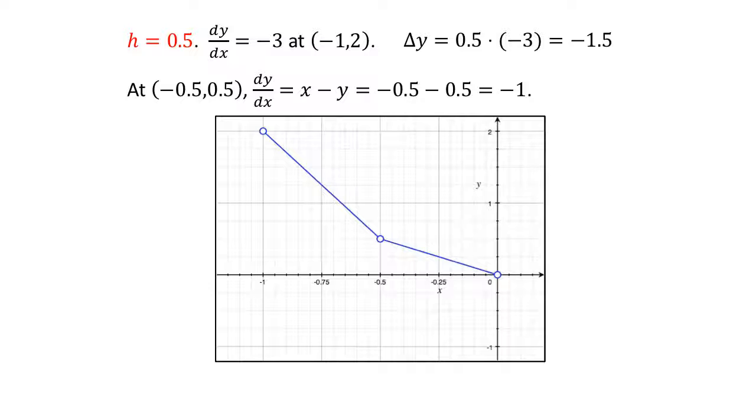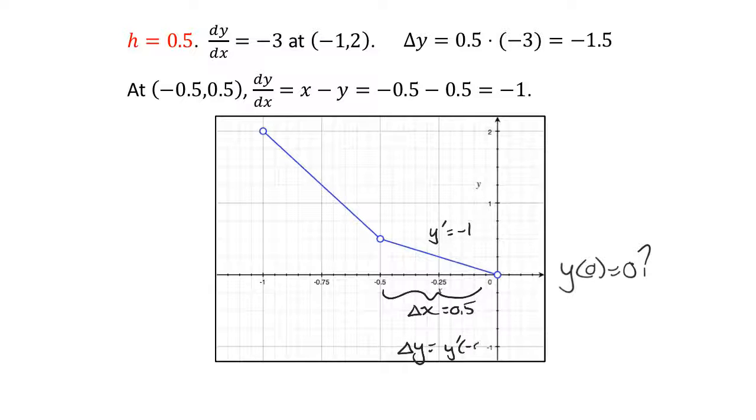Are we sure about that? Well, let's just check it out. I think we land at y of 0 is 0. Is that correct? Our slope, y prime, is -1. Our change in x is 0.5. So our change in y is going to be the slope, y prime, at -0.5 multiplied by 0.5.